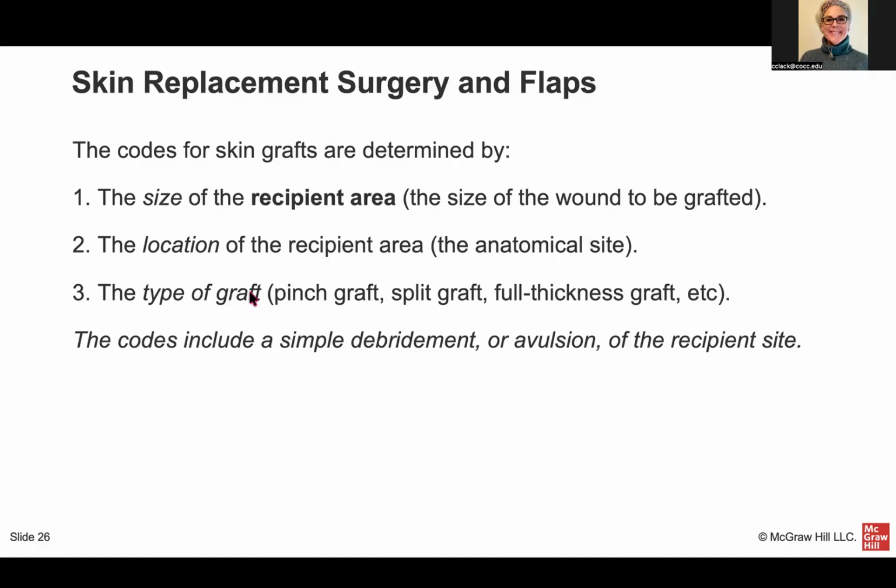To select the right code, you need three things from the documentation: the size of the recipient area, the wound being covered, measured in square centimeters, the location of the recipient area, what body site is being grafted, and the type of graft, pinch, split thickness, full thickness, and so on. The codes include simple debridement or avulsion of the recipient site. So if the surgeon preps the wound bed and applies a graft, that prep is bundled in.